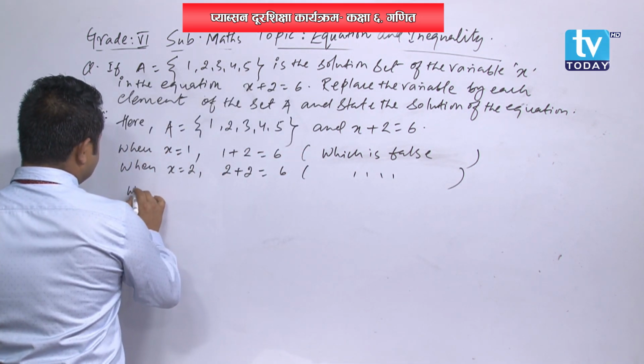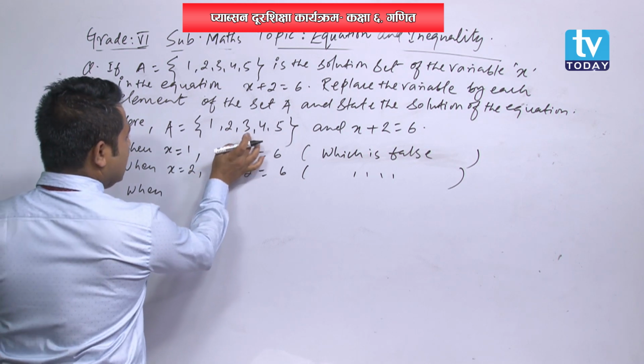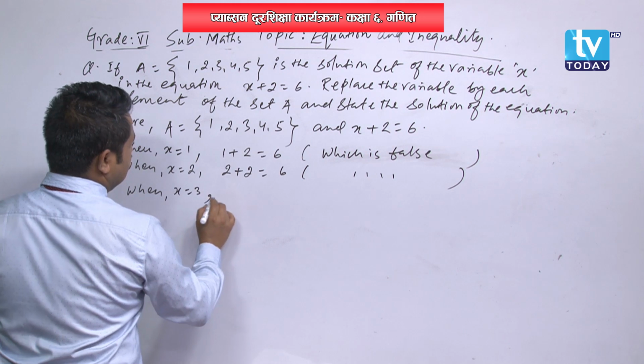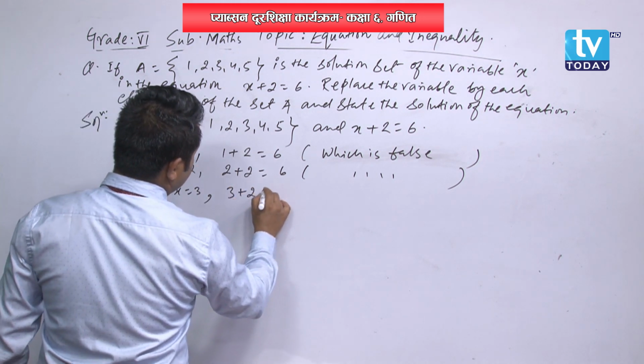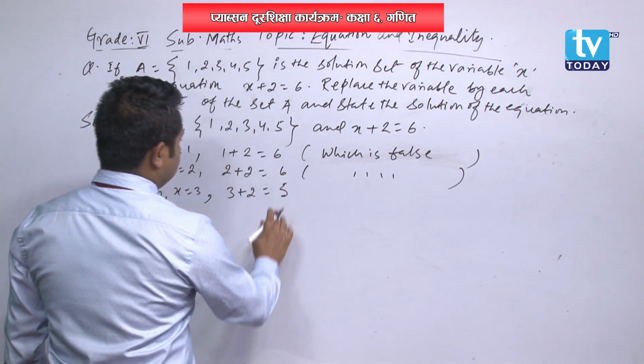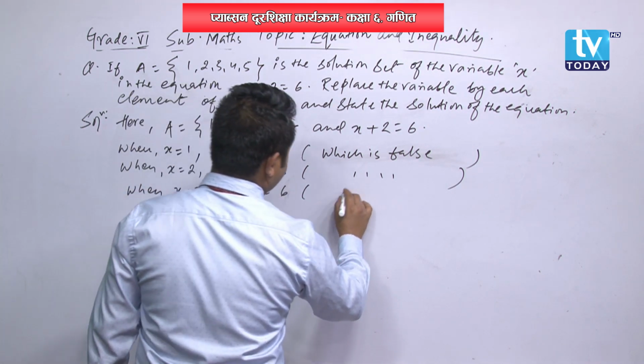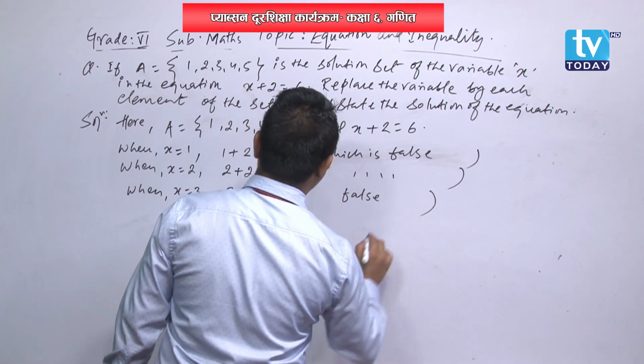When you replace the value of x by 3, then 3 plus 2 equals 6. This is also a false statement.